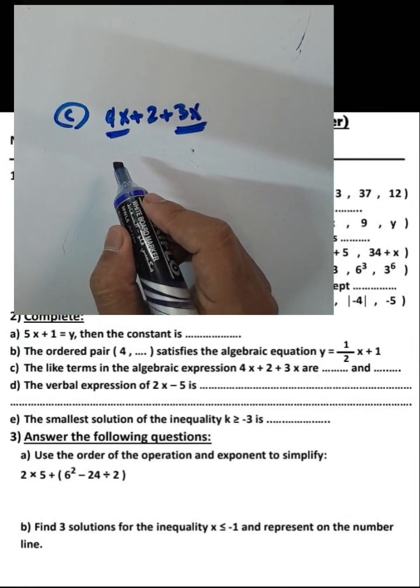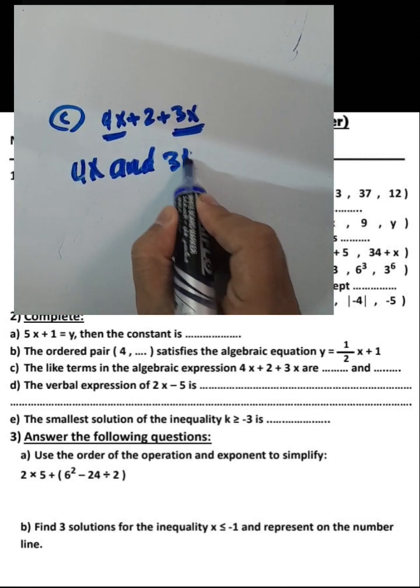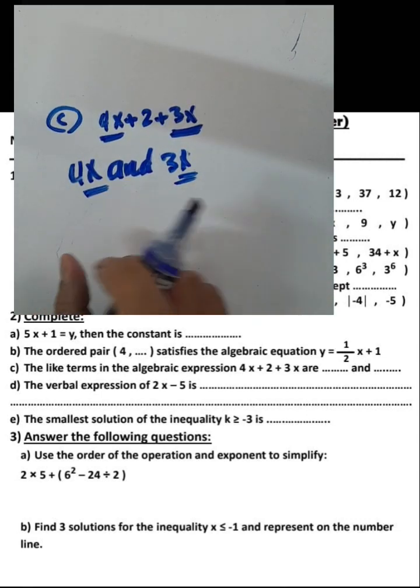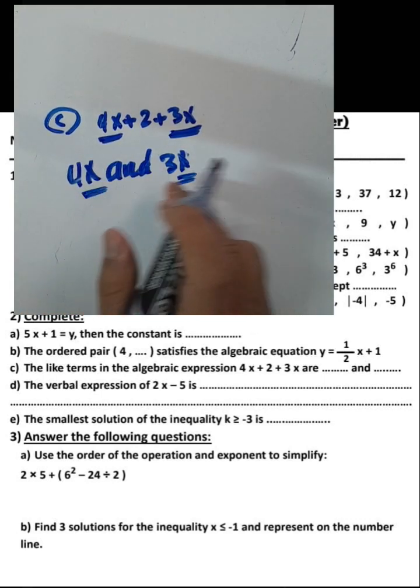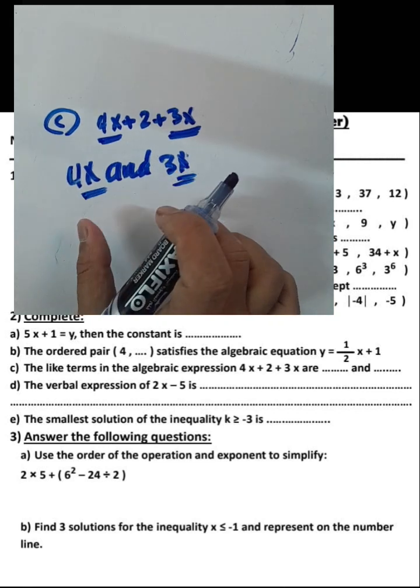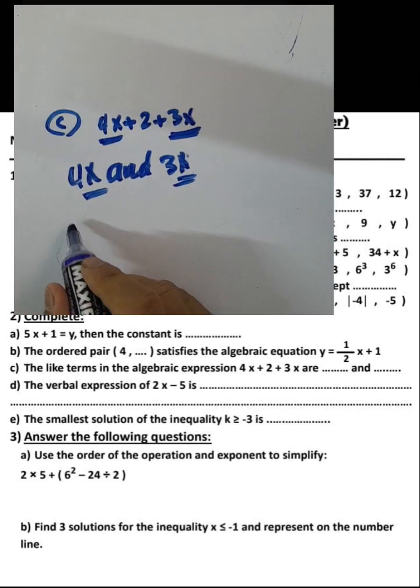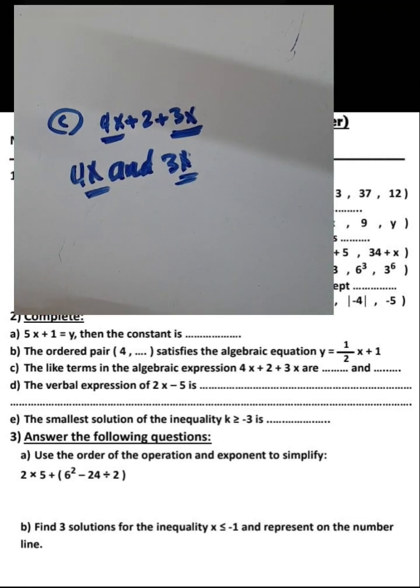We call them like terms. Like terms are two terms with the same variable factor. The variable factor here is x. Okay, understood? Then 4x and 3x we call like terms.